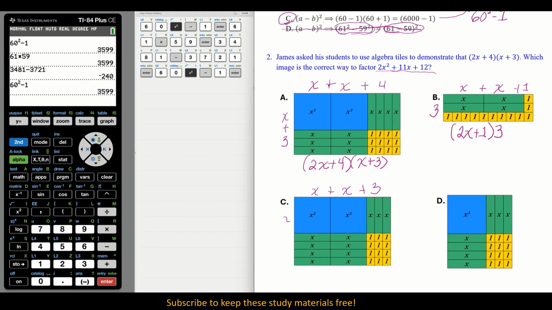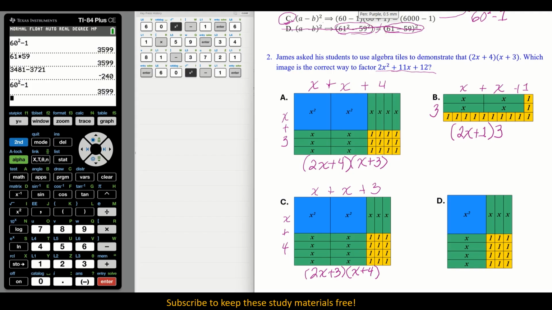And then down the side is x plus 1, 2, 3, 4 plus 4. So that's going to be 2x plus 3 times x plus 4, which you would think is the same thing.